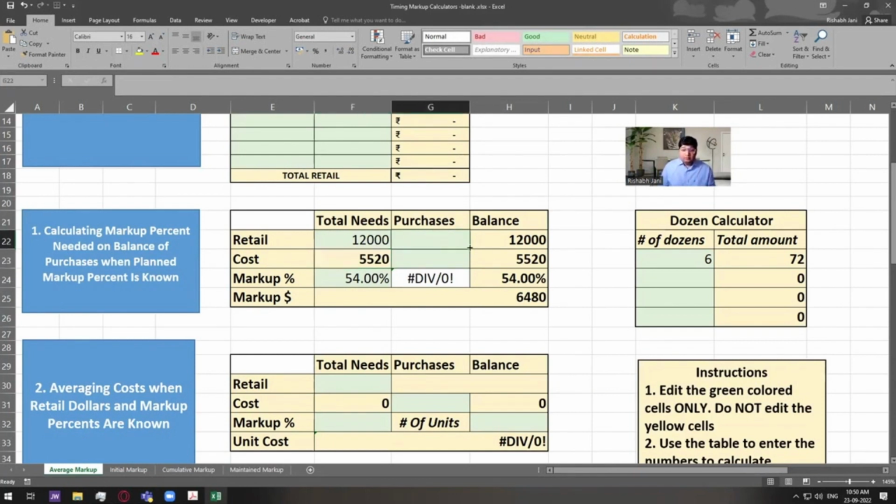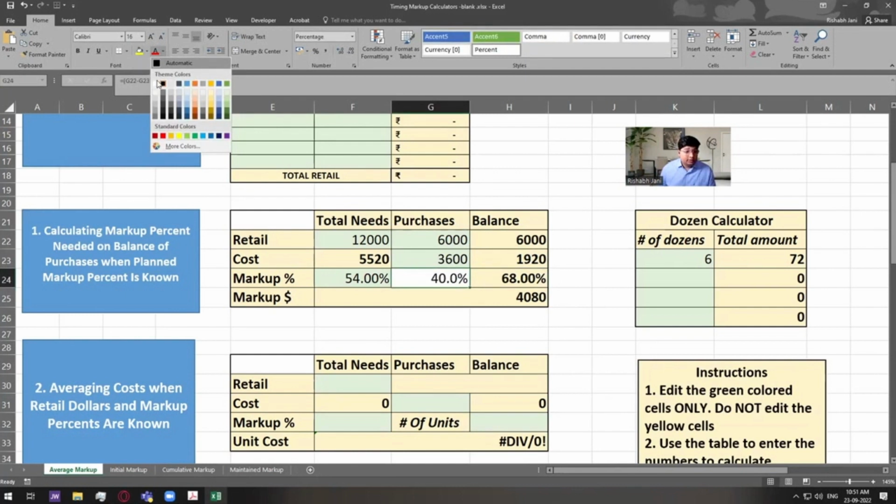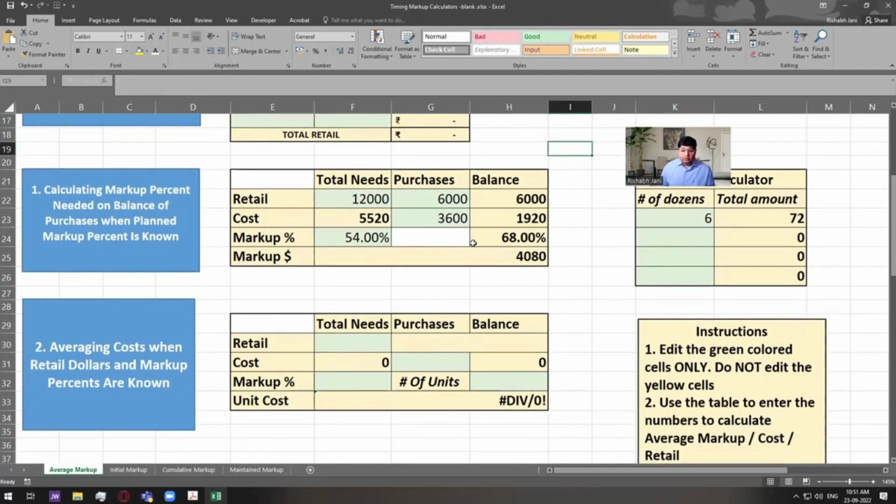Now we know our purchases are valued at 6,000. That means the balance is going to be 6,000, right? And we know that our cost is going to be 3,600. I'm going to make this text white because this value is a bit difficult to understand. So here we have our 68%.